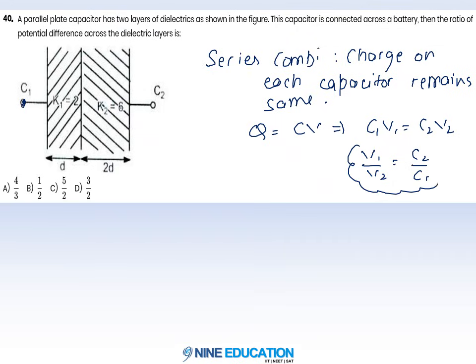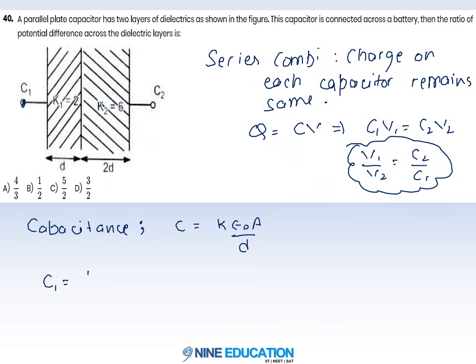This is one condition we are going to use here, and in the case of a parallel plate capacitor, capacitance C is equal to K epsilon naught A by D. So C1 becomes K1 epsilon naught A by D, and C2 becomes K2 epsilon naught A by 2D.